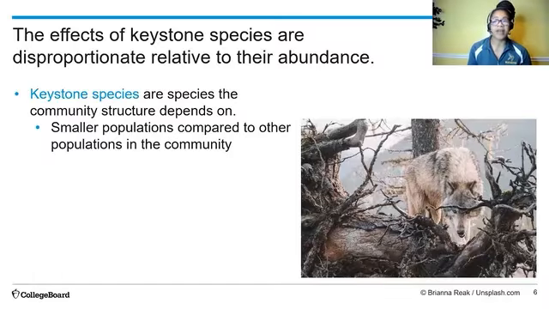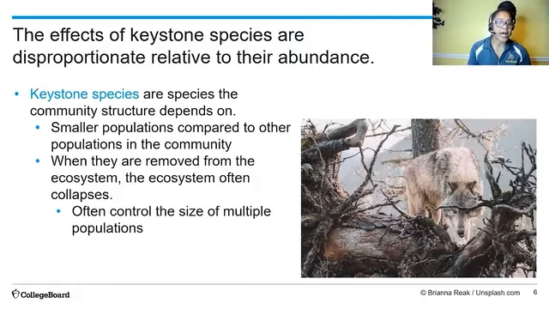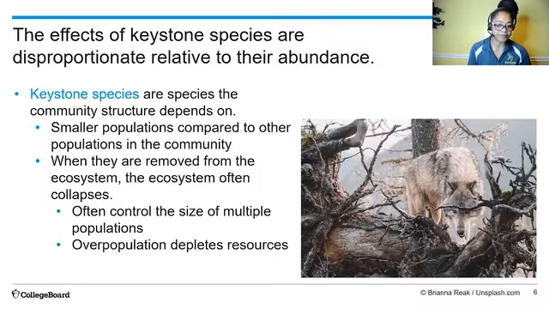They control certain prey populations within the environment, and they help to maintain appropriate community structure. When these keystone species are removed from the ecosystem, the ecosystem often collapses. And this is just reiterating that they are responsible for controlling many different aspects of population dynamics within their community.